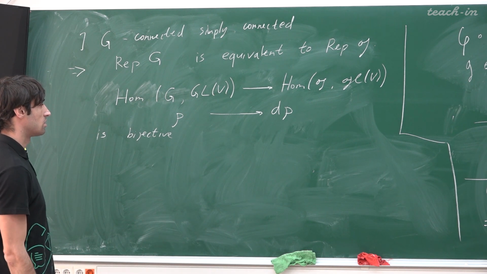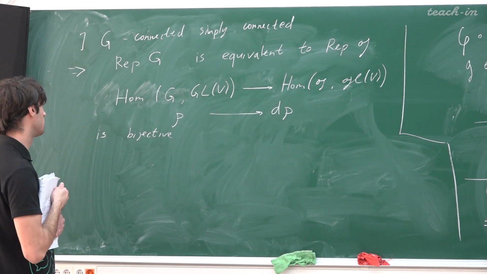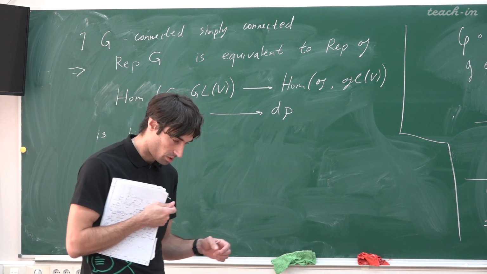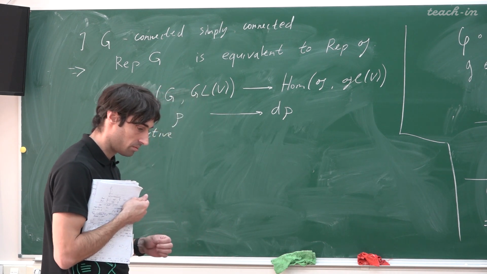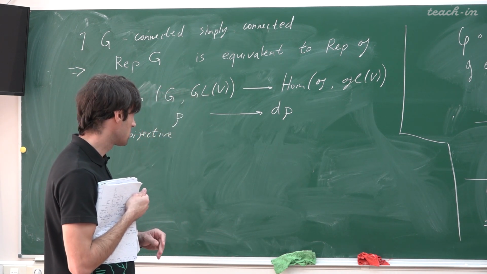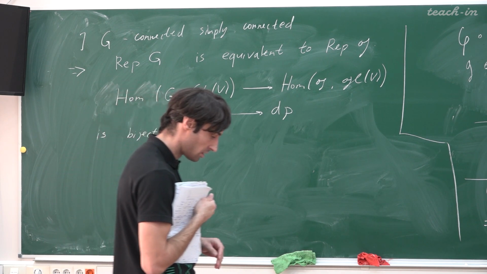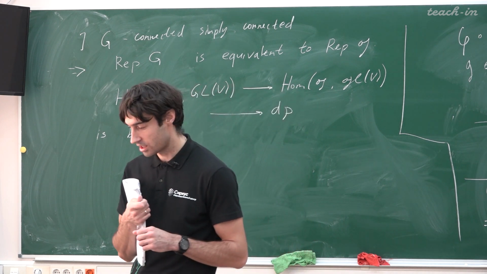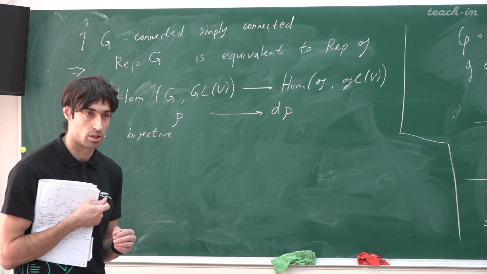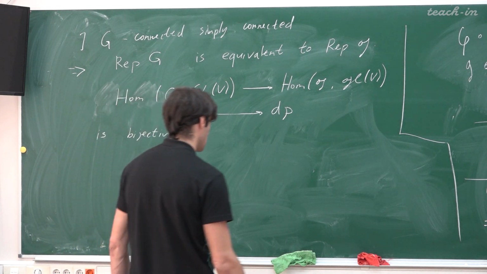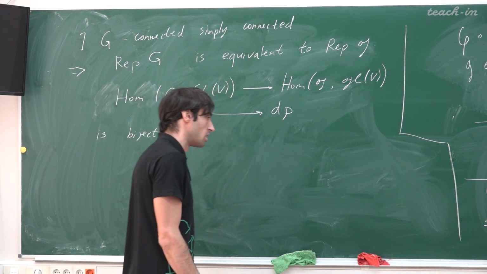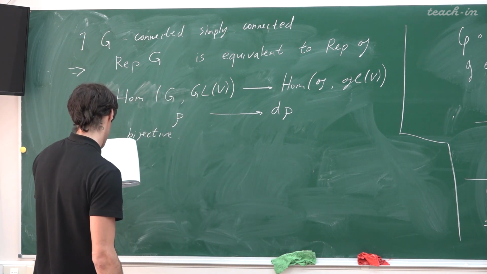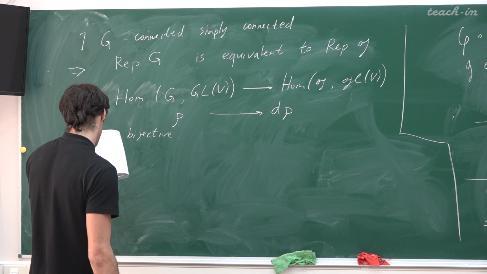All right. So this is our first thing that we should remember from today: representations of a Lie algebra are the same as representations of a connected, simply connected Lie group with this Lie algebra.